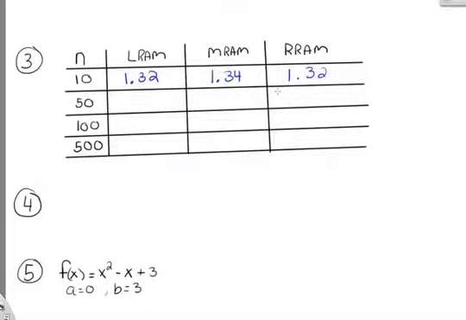It's going to take a minute to think. And I get 1.3328, 1.3336, that's really messy, sorry, and 1.3328.